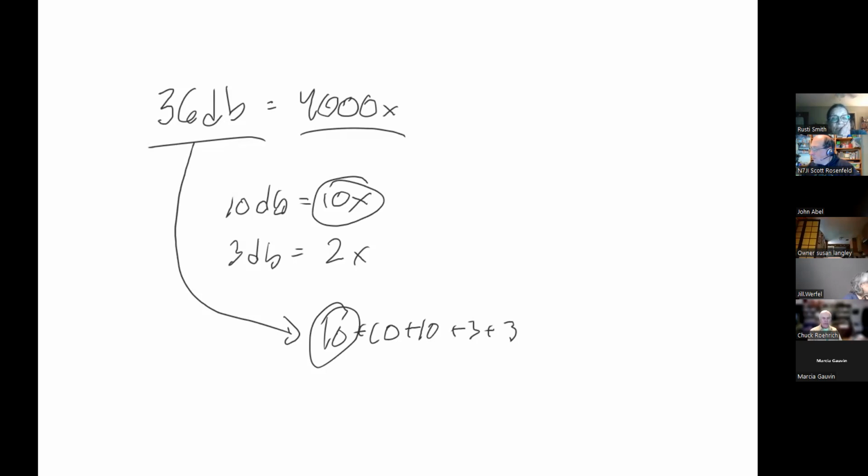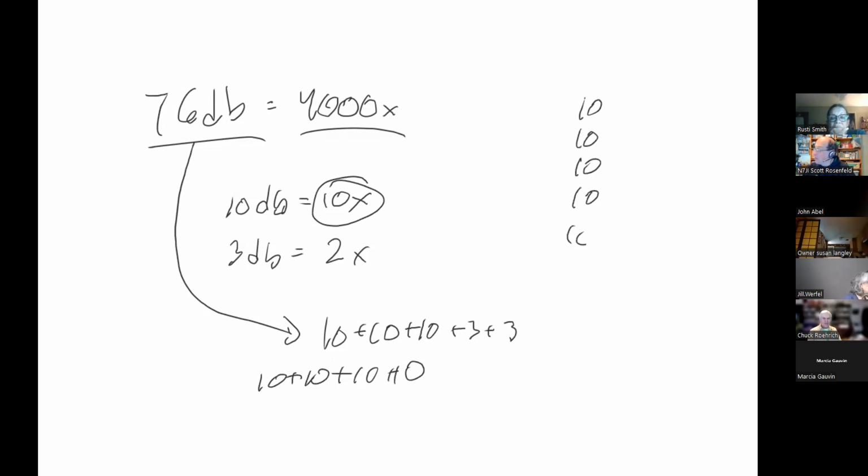I could make this 76 dB. That would be 10 plus 10 plus 10 plus 10 plus 10 plus 10 plus 10 plus 3 plus 3. And I could say that's 10 times 10 times 10 times 10 times 10 times 10 times 10 times 2 times 2. So that would be 10 million times 4, 40 million.